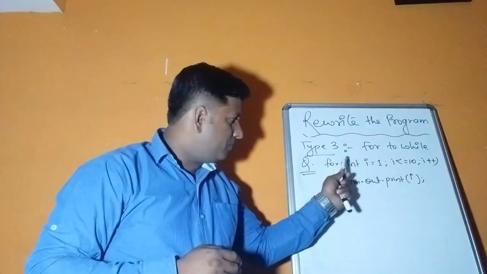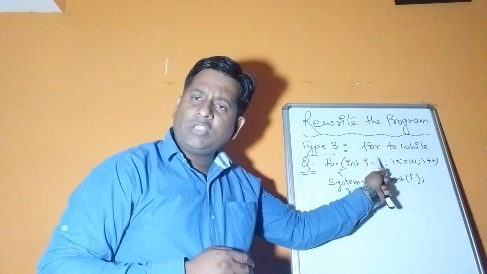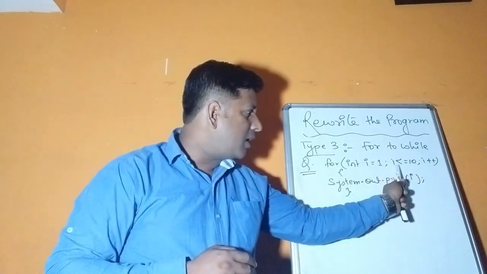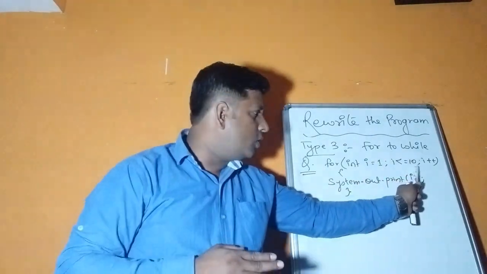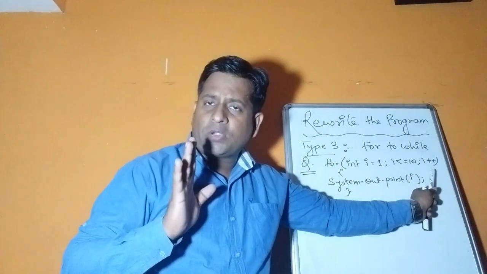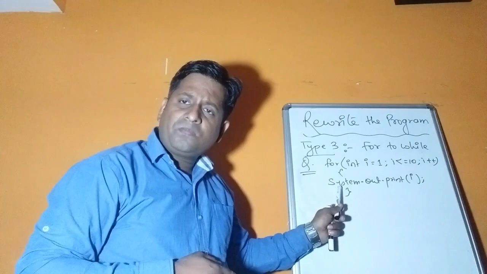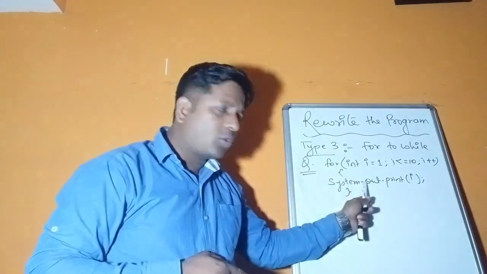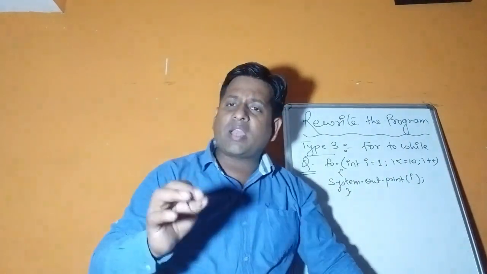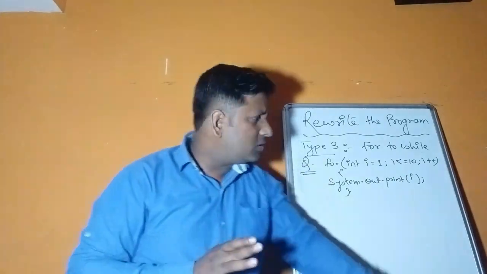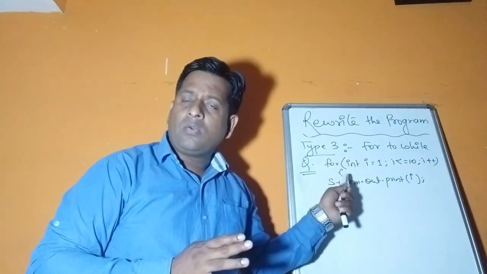For, small letter, bracket, that is int i, the initial value is 1, i less than or equal to 10, up to 10 it will go, i plus plus, the increment operator, that is the number of steps. And what is there inside? The statement is System.out.print. Simply the value of i is printed. So this is the program written in for loop.